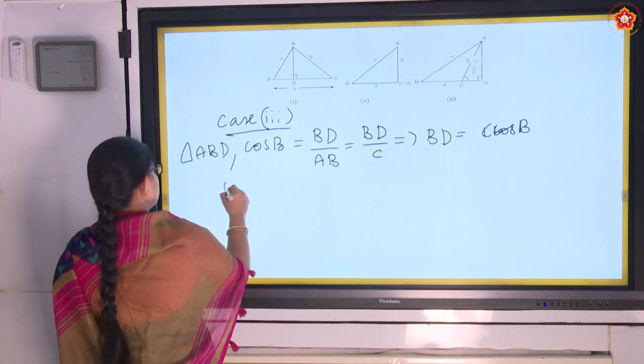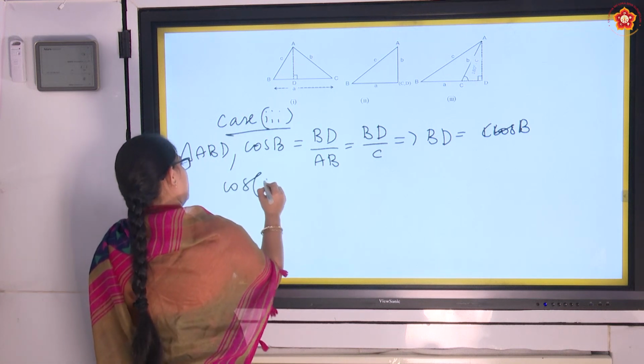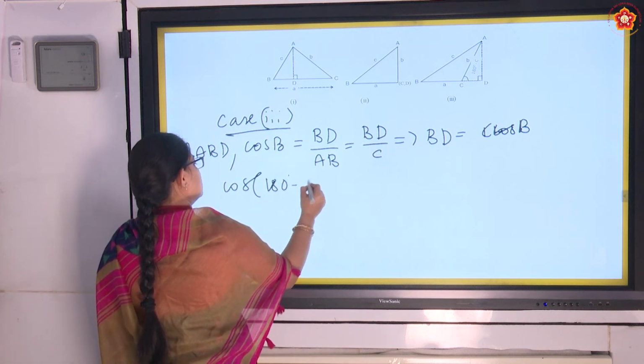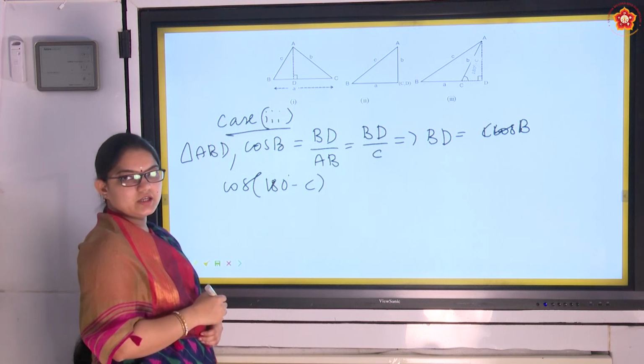Now, let us consider what is cos 180 minus C, that is cos of exterior angle.